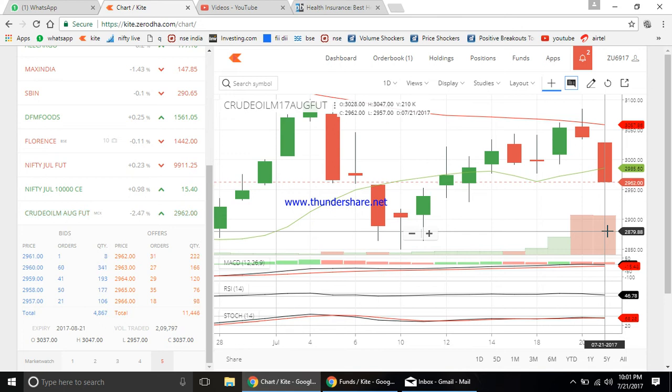Also, since it's Friday, people are either going to square off their positions or build new positions. Because Saturday and Sunday are holidays, I'm expecting further better volume in this one. I believe it may come up a little bit right now, but in the coming 2-3 days I'm expecting a target of 2900, and that is as per my strategy.